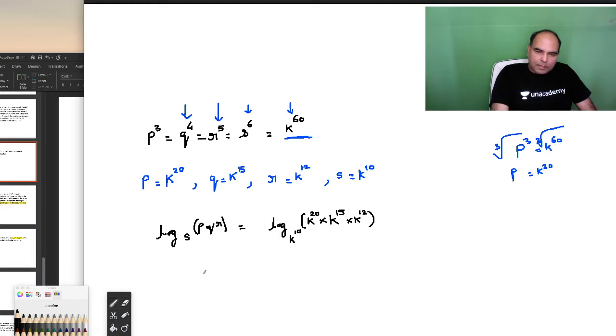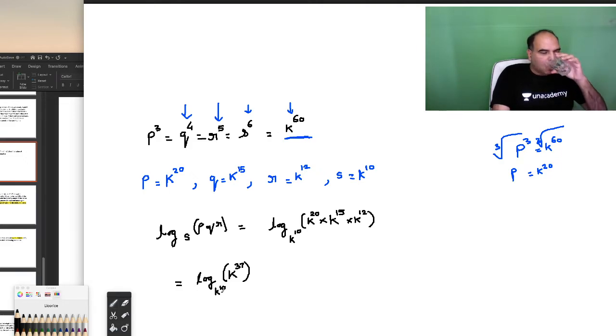Now this will become equal to log K raised to 37 in the argument of the log to the base K raised to 10.